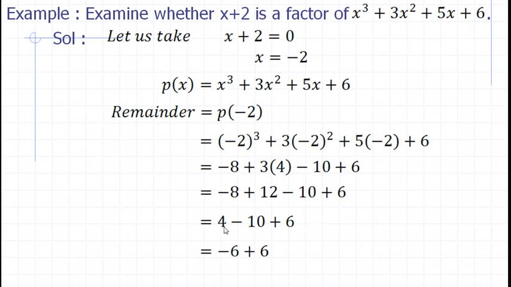Now 4 minus 10 is minus 6, plus 6 is equal to 0. The remainder is 0. If the remainder is 0, then you can say directly that the divisor is a factor of the dividend. Therefore, x plus 2 is a factor of the polynomial x cube plus 3x square plus 5x plus 6.